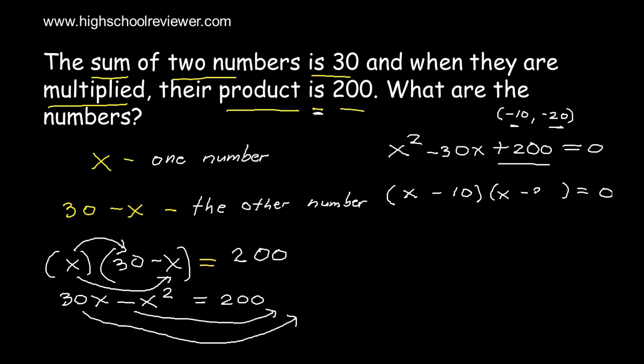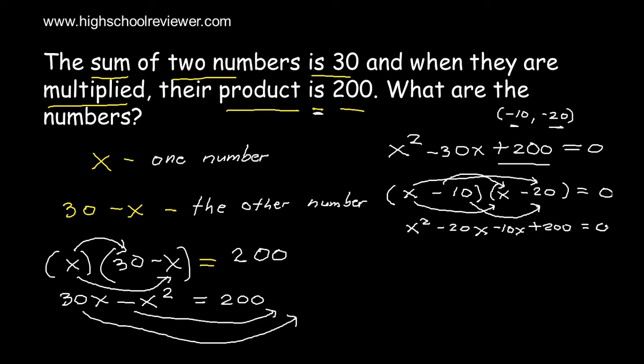and negative 20. So to check if our factors are correct, we have here x multiplied by x, that is x squared, x multiplied by negative 20, this is negative 20x, negative 10 multiplied by positive x, that is negative 10x, and negative 10 multiplied by negative 20, that is positive 200 equals to 0.